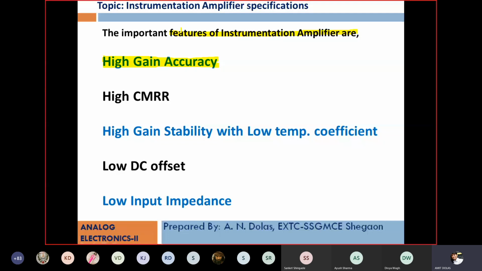But we know what a transducer is. There are two types of transducer. You may have learned in the instrumentation subject, active and passive. Generally a passive transducer will change its physical quantity like capacitance, resistance, likewise.